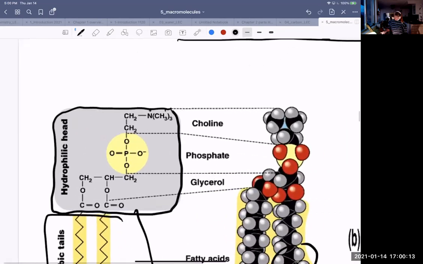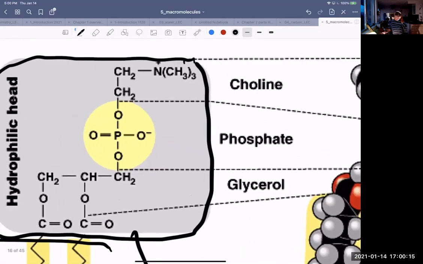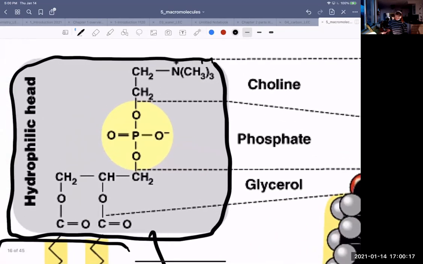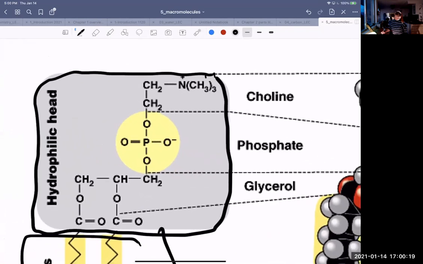So by looking at this, why is this hydrophilic? We've got a choline, a phosphate, and a glycerol. What makes it hydrophilic? Why does it readily dissolve in water?